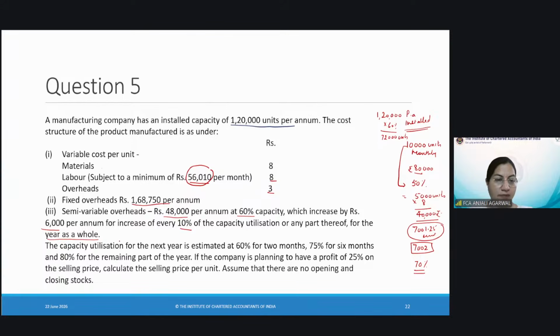Now let's see at what capacity you have worked. The capacity utilization for the next year is 60% for the first 2 months. 60% means 6,000 units for the first 2 months. Then 75% for the next 6 months. 75% means 7,500 units for the next 6 months.